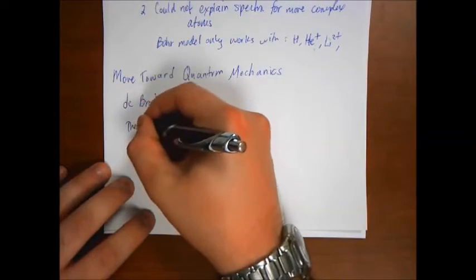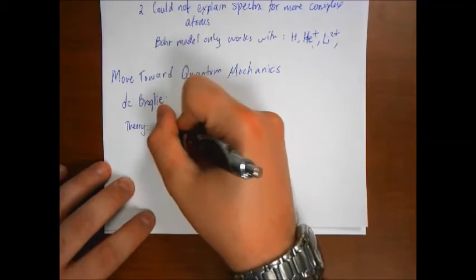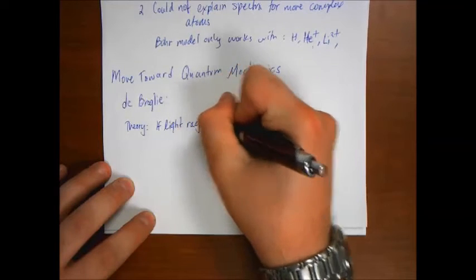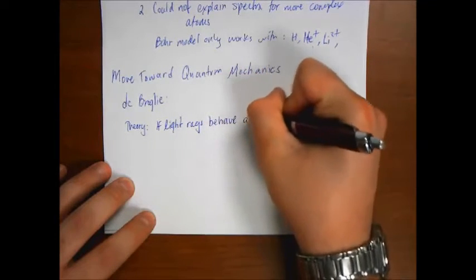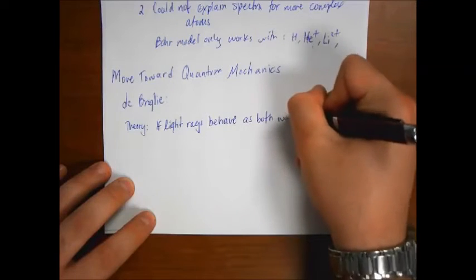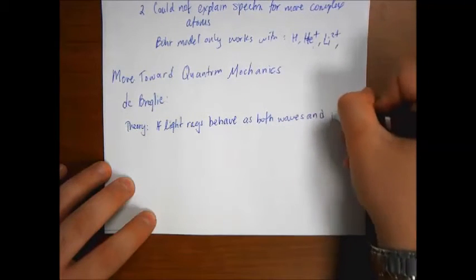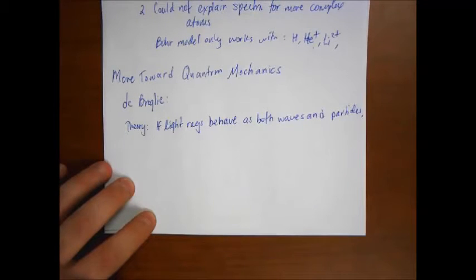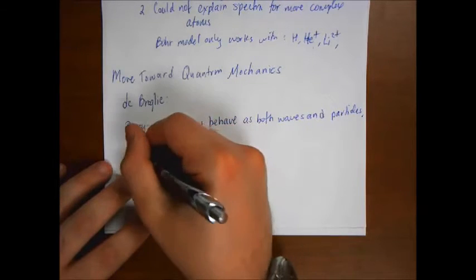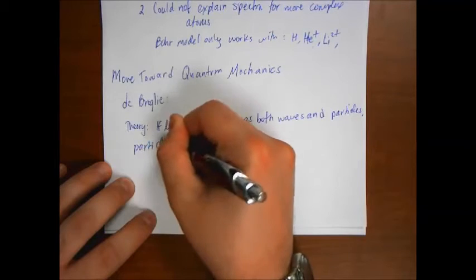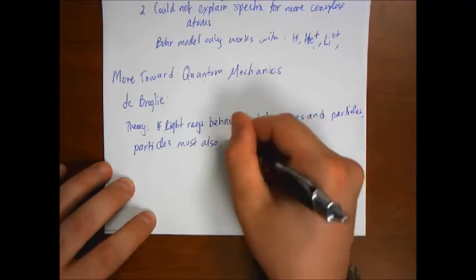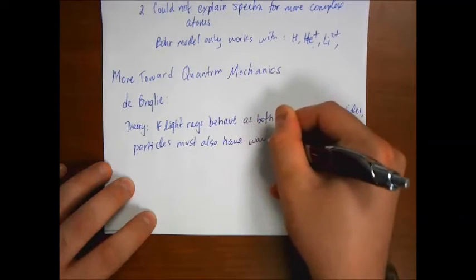His theory was that if light rays, which they knew at the time behave as both waves and particles, then particles must also have wave-like properties.